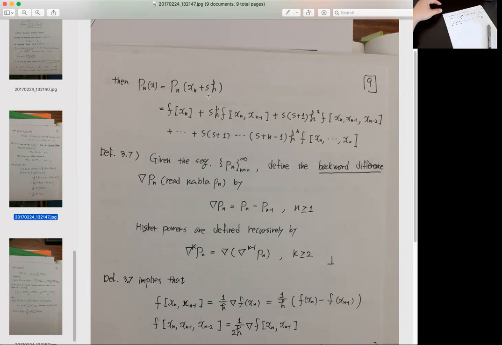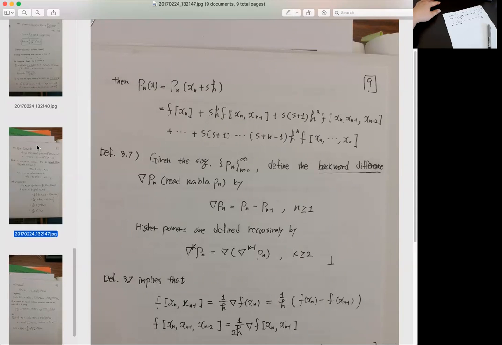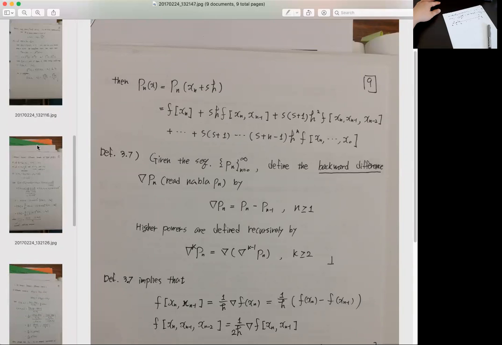But what is s? s must be a negative number, right? Actually, it could be a positive number. So yeah, it could be any real number. This is equal to f of xn plus sh. So we're going to start from this expression.